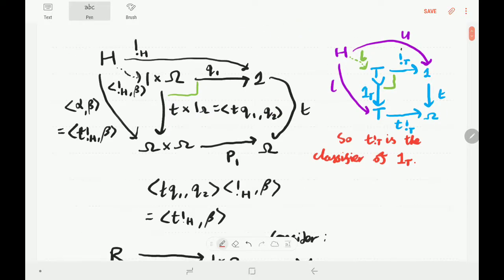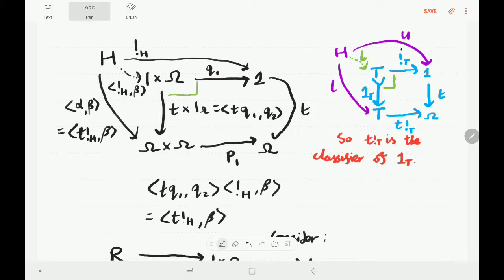What they are is this subobject, which is T times 1 omega, like this, and also the other one, which is 1 omega times T, which is like this, but with the objects in this product at the top swapped around, okay?